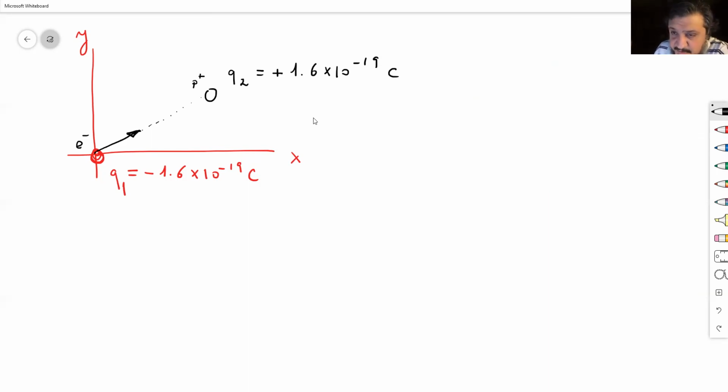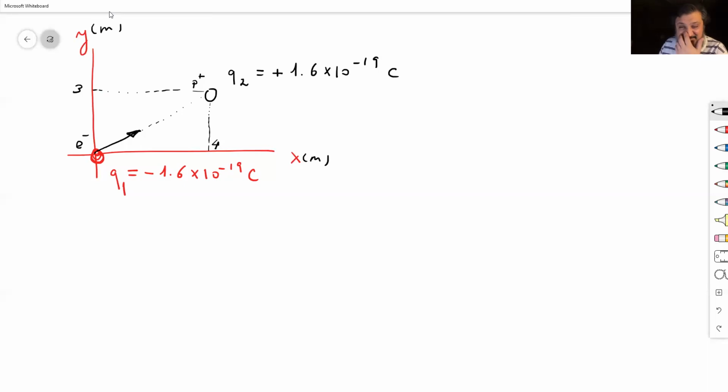So where is the proton? The proton is at x, let's say, I don't know, 4 meters. X and y are meters. And the y coordinate is what? 3. 3 meters.